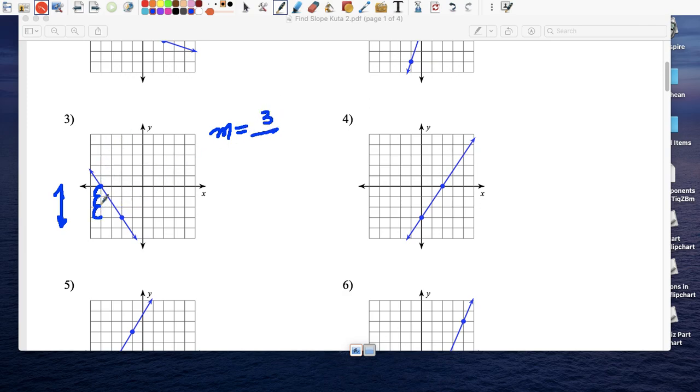What's the change in x values, which is left and right? We go 1, 2. So 3 over 2, and the one thing we have to do is put a minus sign. It doesn't matter if you put it on top or the bottom, the whole thing is negative anyway. So the slope is -3 over 2.